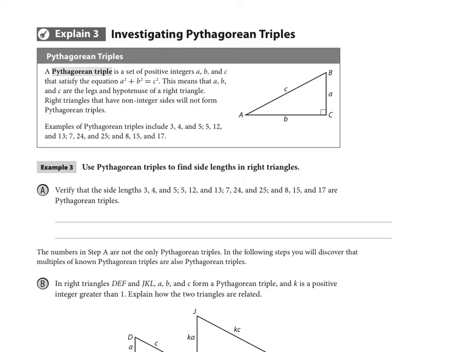First thing we need to identify in this first sentence is these two words, positive integers, and what that means. The numbers cannot be decimals, or fractions, or radicals.